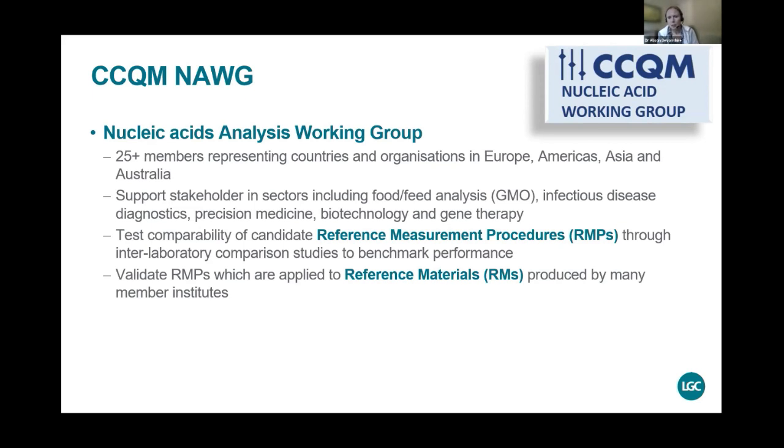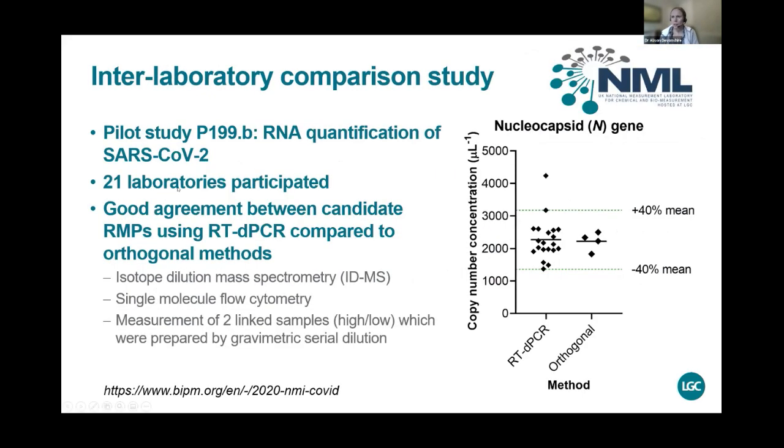Many of the members also produce reference materials to which they can apply the reference measurement procedures. An example of something we've been doing over the last few years with the pandemic was a pilot study where we were focusing on RNA quantification of genomic RNA targets within SARS-CoV-2.